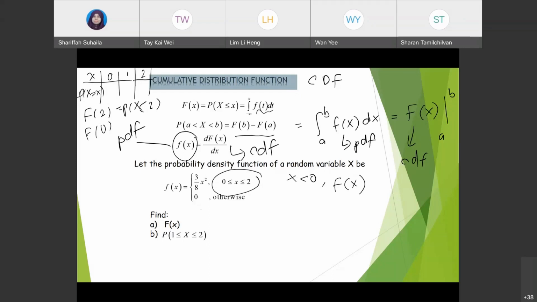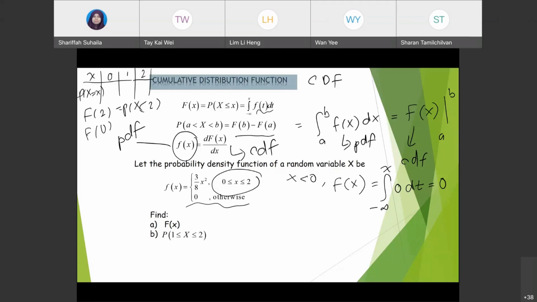So capital Fx from minus infinity up to x is just the zero density function, which is 0. So we need to consider the range. When x is less than 0, capital Fx is the integral from minus infinity up to x of 0 dt, which is 0.